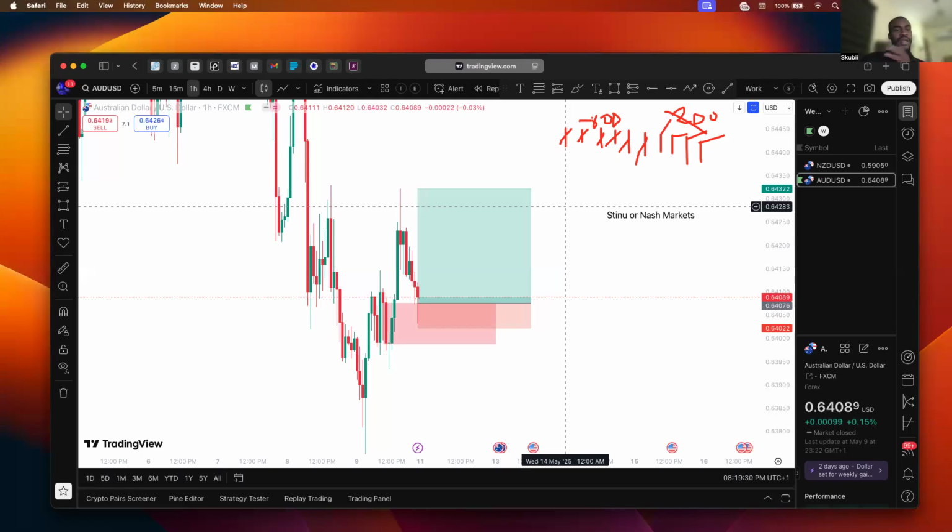Someone asked in the comments what are the two apps we should download: Steno or Nash Markets, it's on the screen. I too went through this process when I first started trading, where I was using YouTube to actually learn how to trade. I knew a lot of things. I knew things about candlesticks. In short, before I even started attending a proper mentorship, I was using psychological levels.